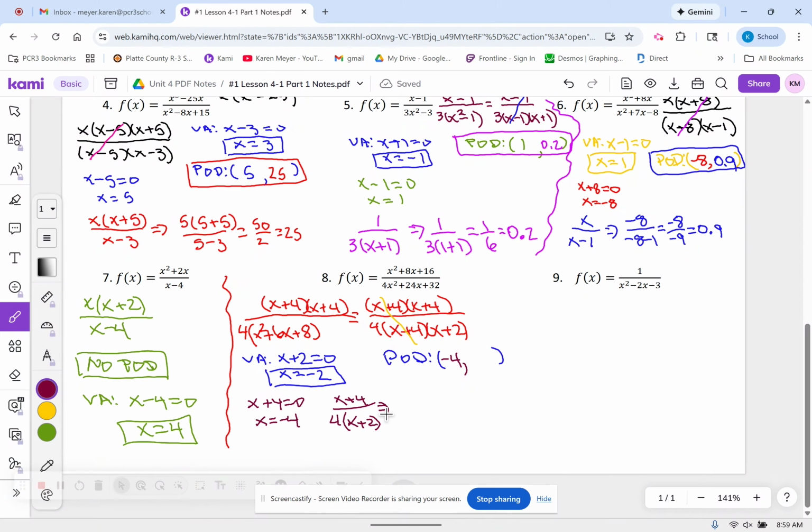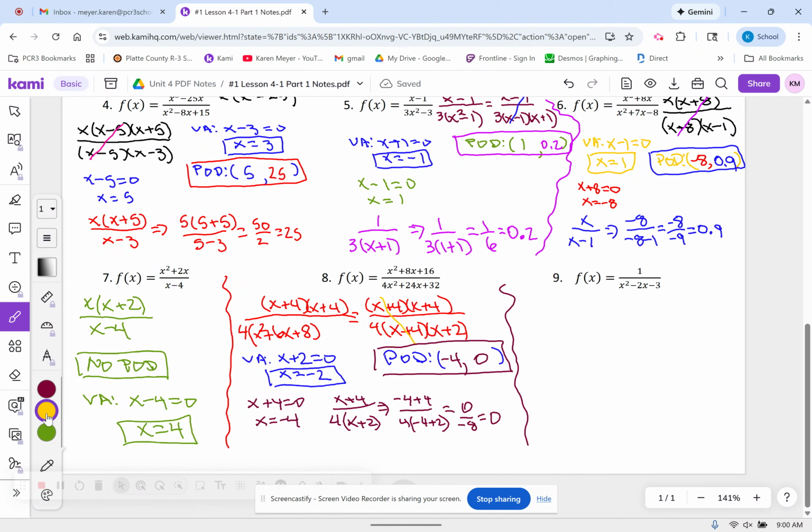So now let's go substitute in -4. So -4 plus 4 over 4 times -4 plus 2, which works out to be 0 over -8, which is just 0. So then I have my POD.